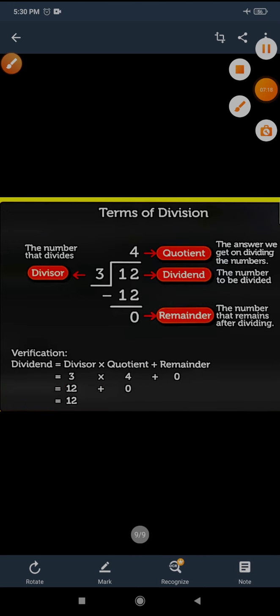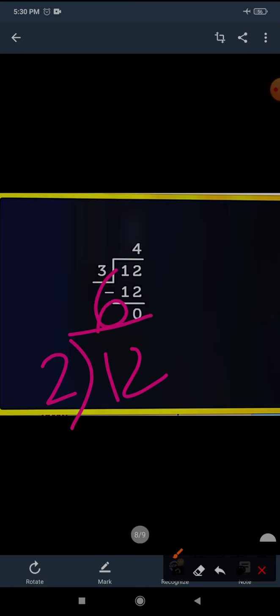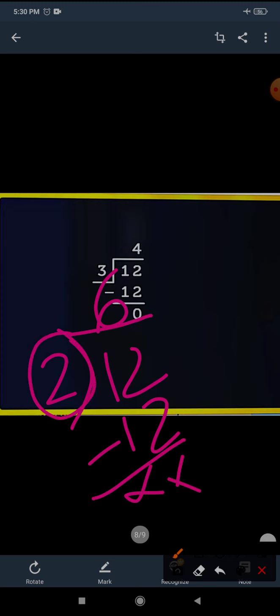Watch, one more example I am giving you. Here I am dividing 12 by 2. So 2 6s are 12. Here you know what the formula is.